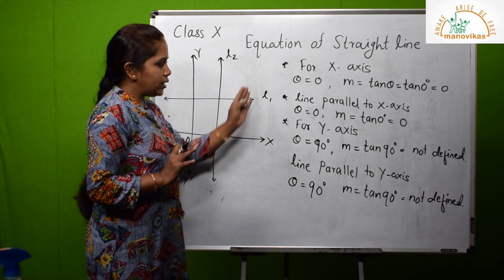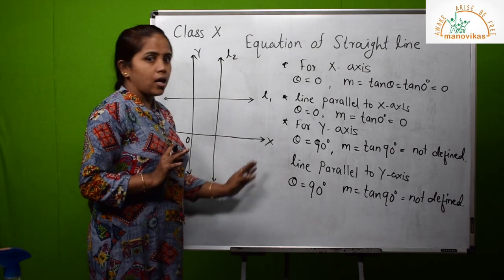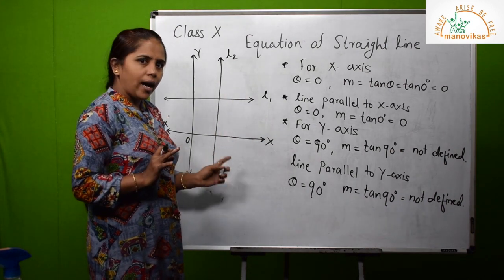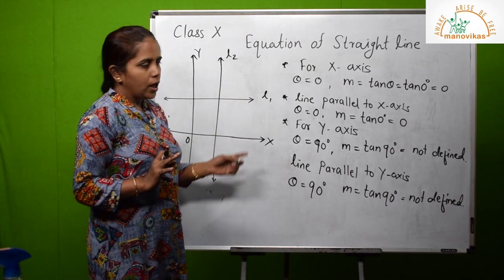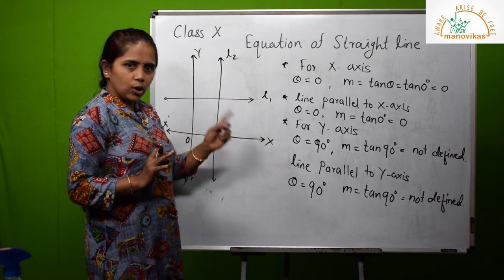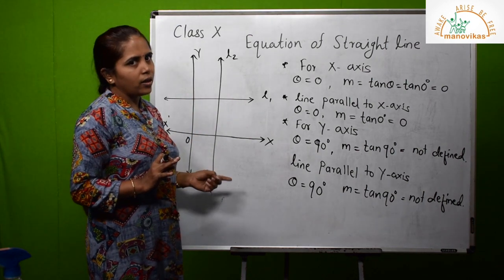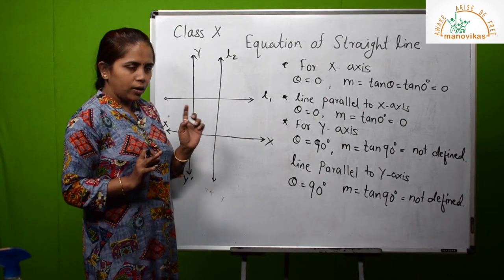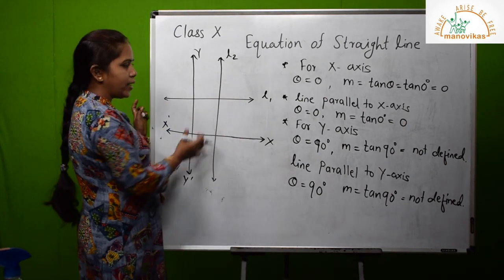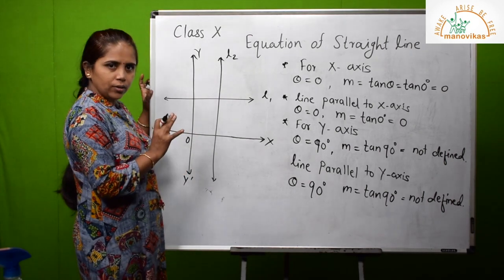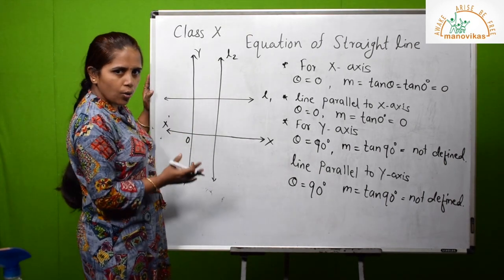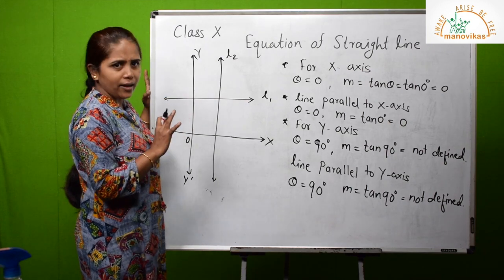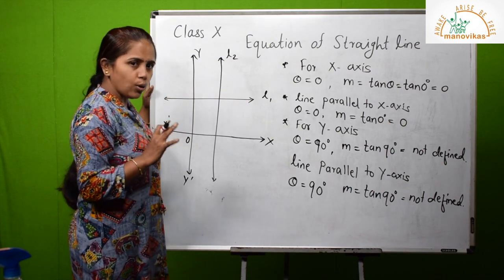These are the standard two lines, horizontal line and vertical line. For horizontal lines, slope value is 0. For vertical lines, slope value is not defined. Other than that, if the line is an oblique line which intersects x or y axis, I already discussed what the slope values are.